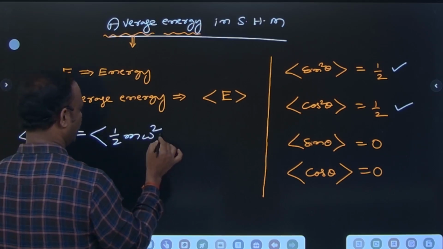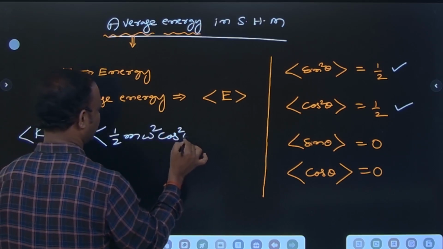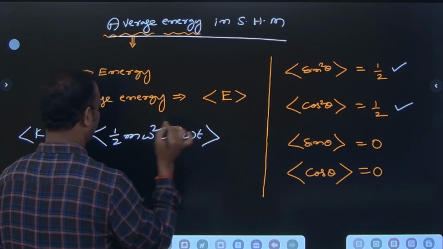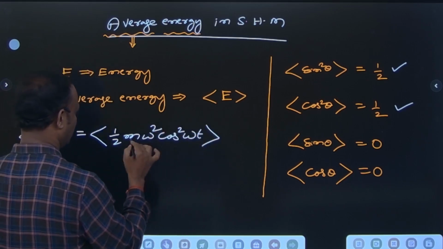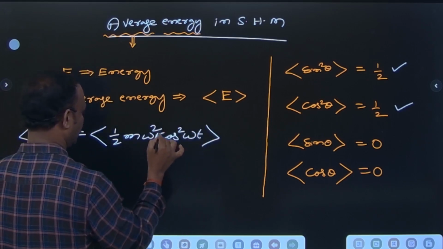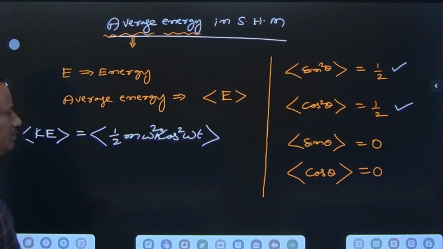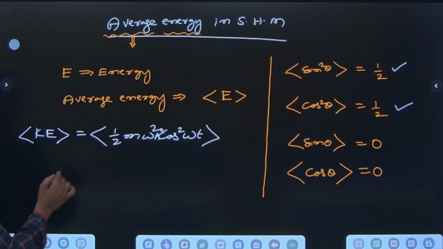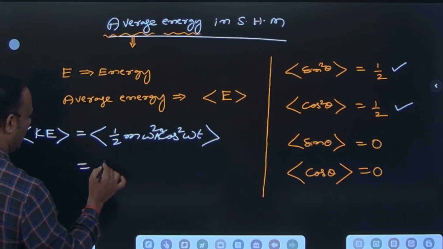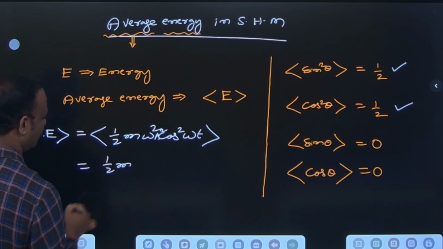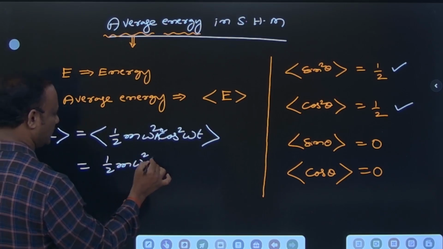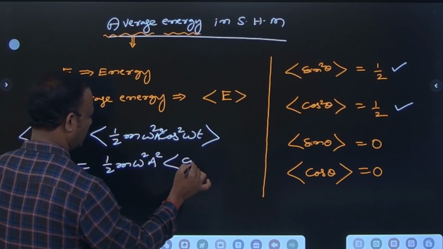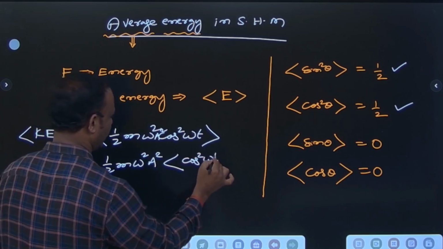So half m omega square a square cos square omega t. This equals half m omega square a square times the average value of cos square omega t.